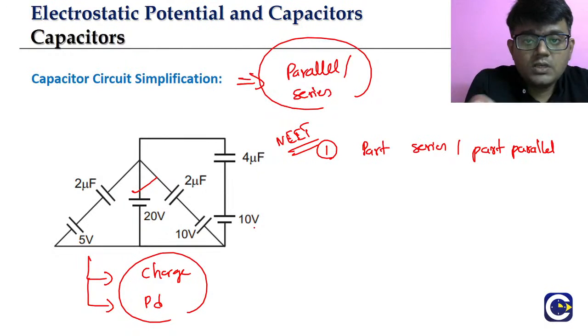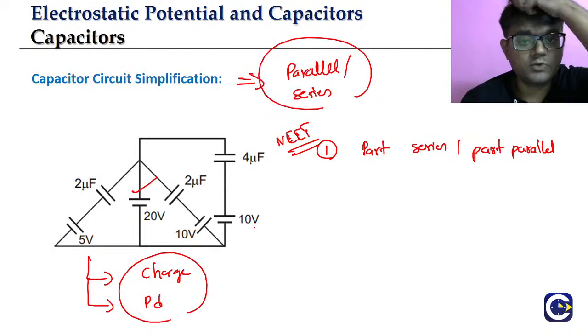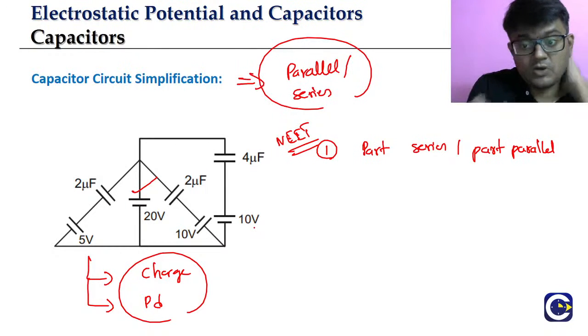The full pattern will not be present, but when you look at them in parts, you will see that a part of them is in series combination and another part might be in parallel. This is the most important model of question that we will have to practice, so we will spend most of our time on this.